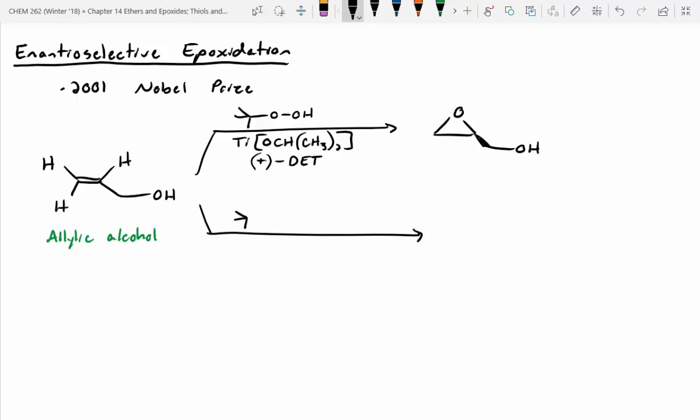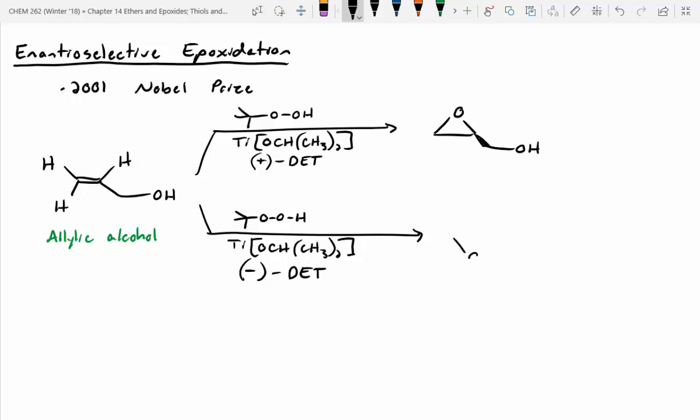And then he found out that if you change these conditions a little bit and use the other enantiomer, you get the other epoxide. So he used the other enantiomer of diethyl tartrate.